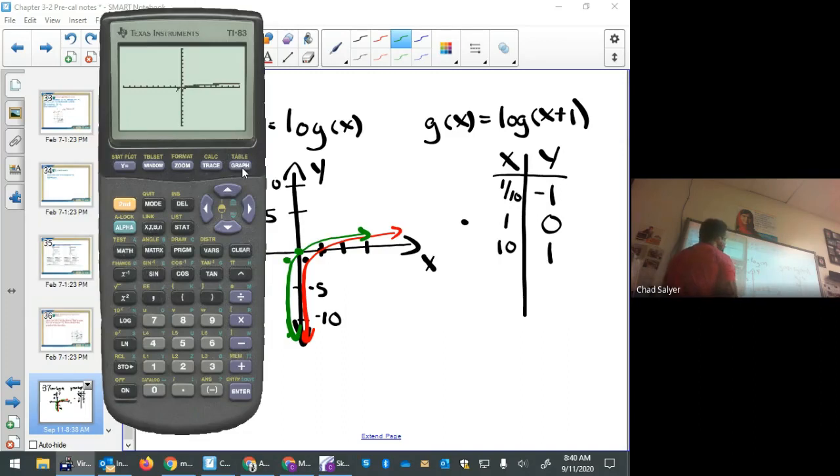Yeah, see how poorly your calculator handles asymptotes, or at least this one does? Let's change our window so we get at least a little bit better view. This will focus right around where the action happens. Yeah, this actually goes down, down, down to negative infinity, even though it appears to stop.